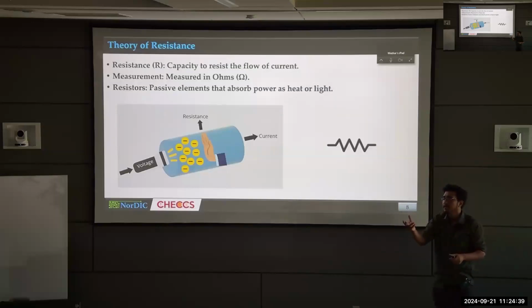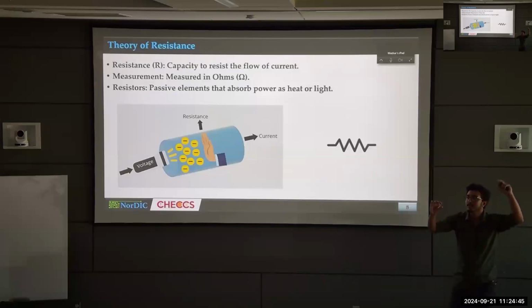Someone tells us, okay, this particular metal has a resistance of this. Someone says, no, this has twice the resistance. We will know that electrons will struggle to travel in this, more than in the other. You see? So resistance is basically how much electrons have to struggle to flow. You see my point? Do you have any question on that?